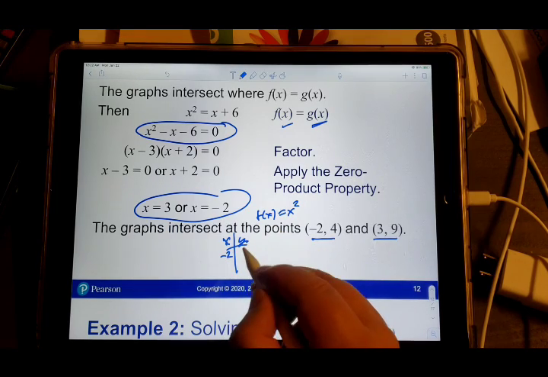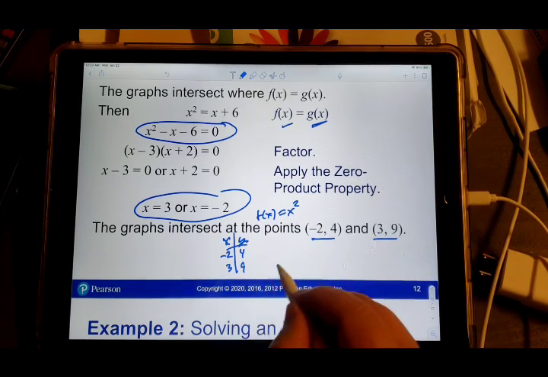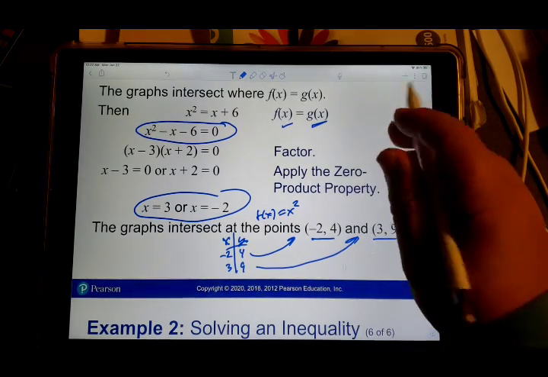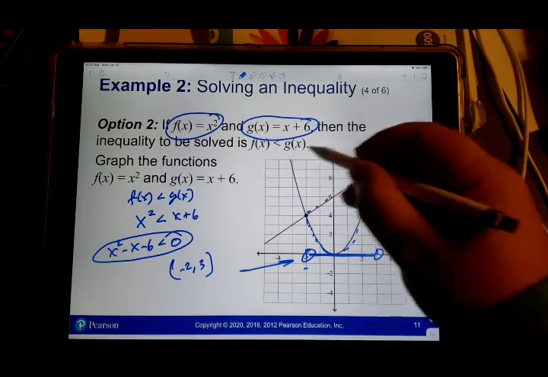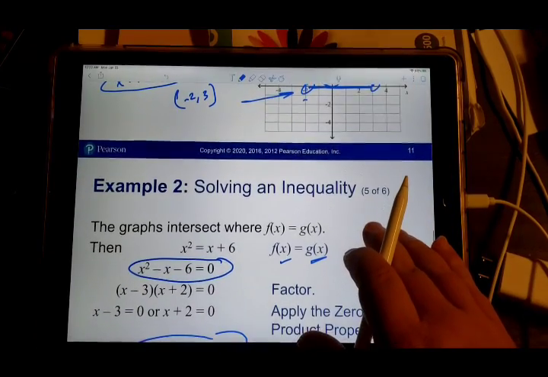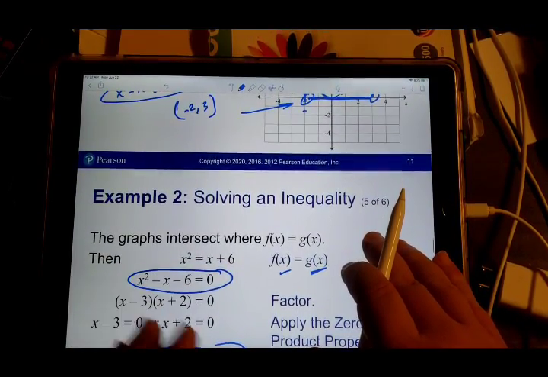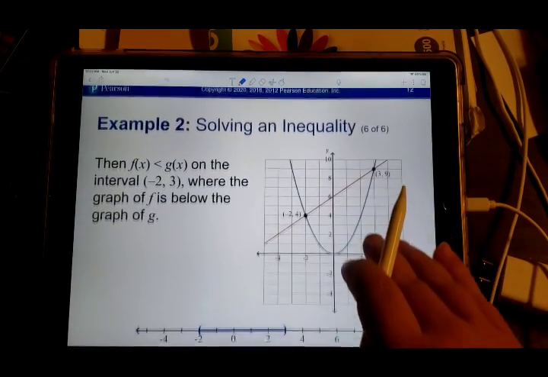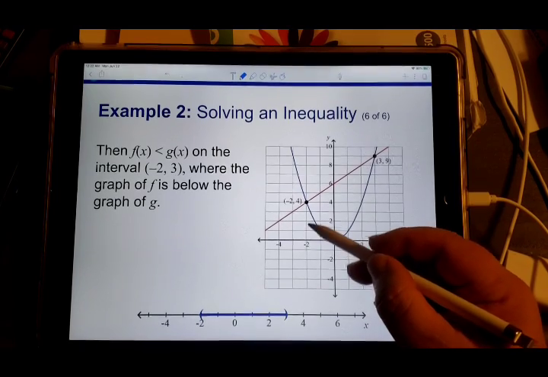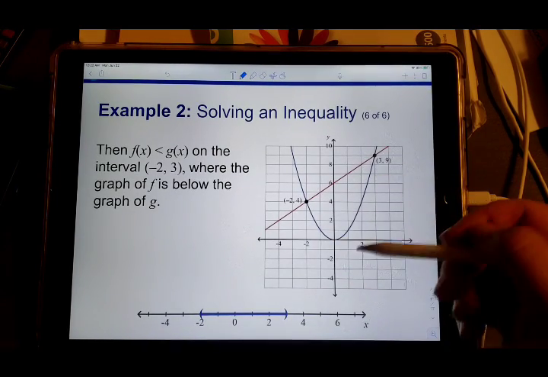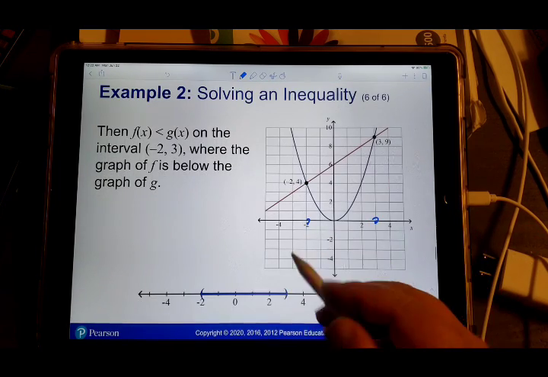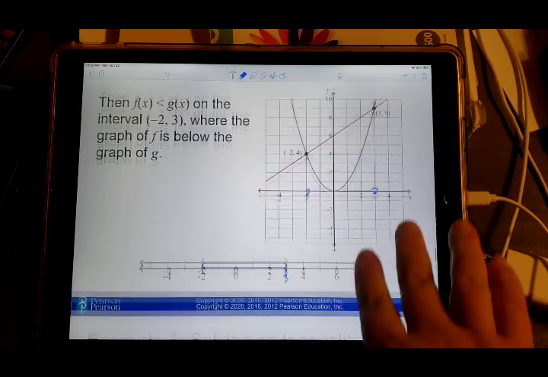If I put -2 in here, I'd get 4. If I put 3 in there, I'd get 9. And so that's what these points are. The author's still holding on to the idea that it's not a bad idea to graph this and be aware of the points where they meet. Not required to answer the question, but the author does seem to like a lot of graphing on these problems. So he graphs the whole thing and comes to the conclusion that the parabola is less than the line on the interval from -2 to 3.